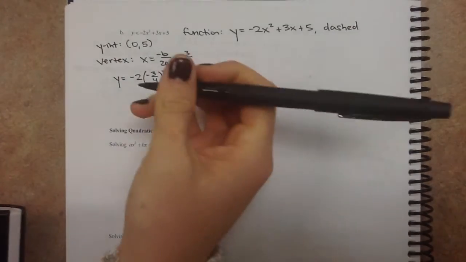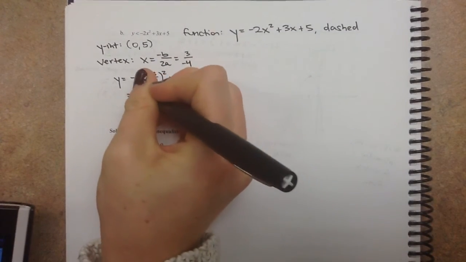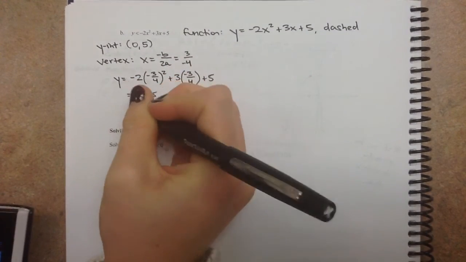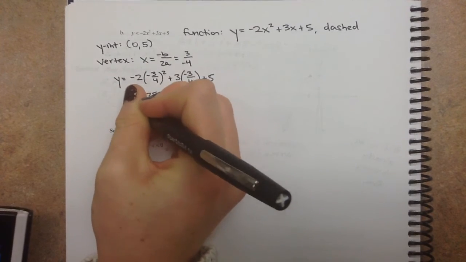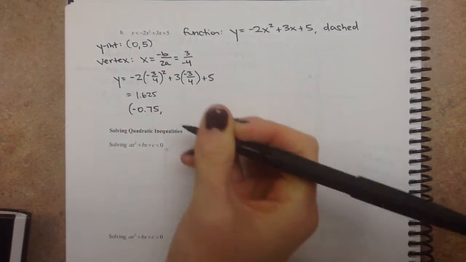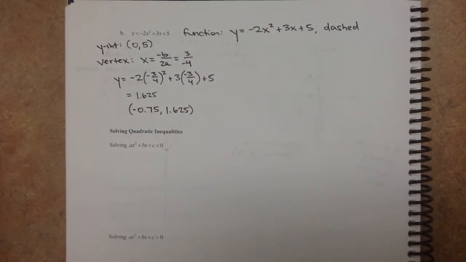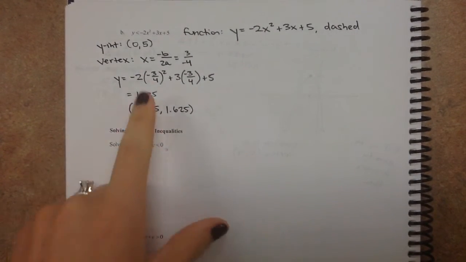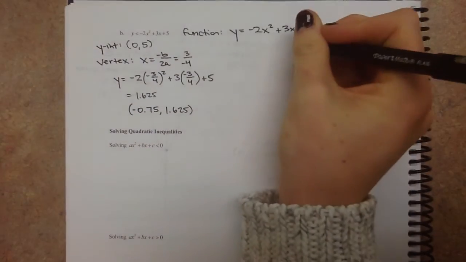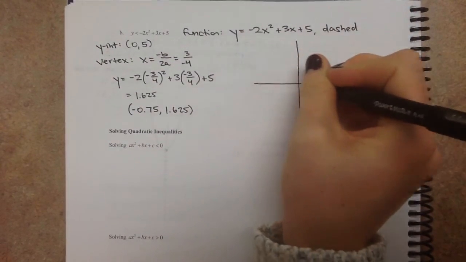So we can just approximate that. My vertex is at negative 3/4, so I can write that as negative 0.75, and this is the y value right here. Remember, you can use your axis of symmetry and your vertex to plot a mirror image. So let's get going here.